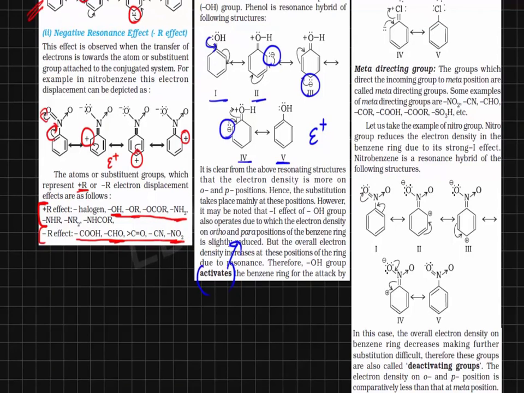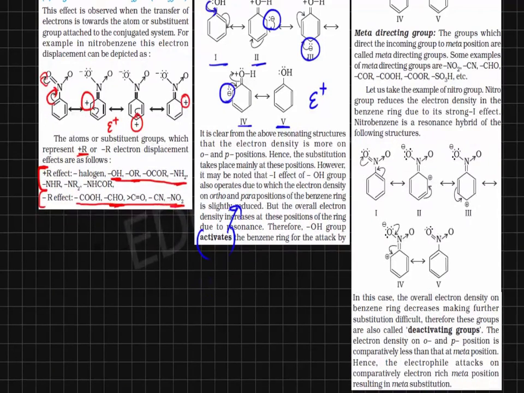Likewise, on the other side, meta directing groups: nitro withdraws electrons from the ring. So, there is positive at ortho, then positive at para, then positive at ortho. So, the electrophile will not attack there. If you force it to attack, then it attacks at meta. So, these groups are deactivating.